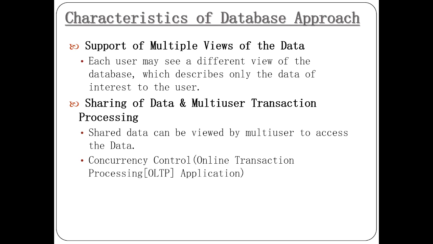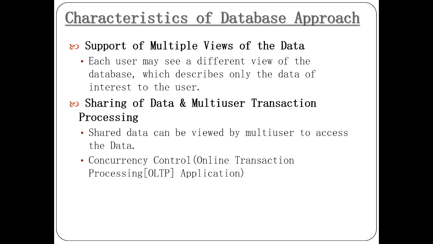Concurrency control software will make sure that the information stored in the DBMS is correct when multiple users try to access and update the data at the same time. For example, a teacher is accessing student data and the principal is updating a student address. Then concurrency control software makes sure that the student information updated by the principal is correct and that information is visible to the teacher, right?